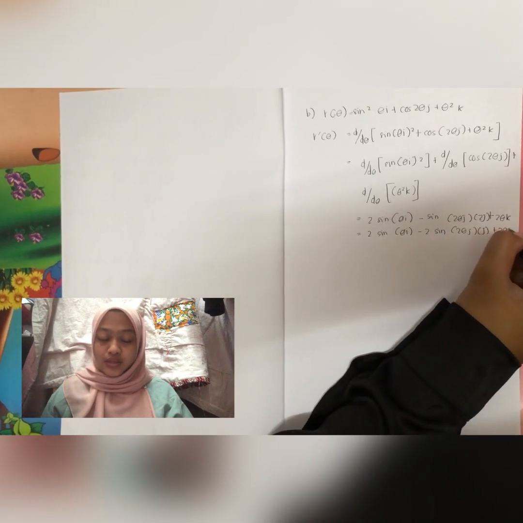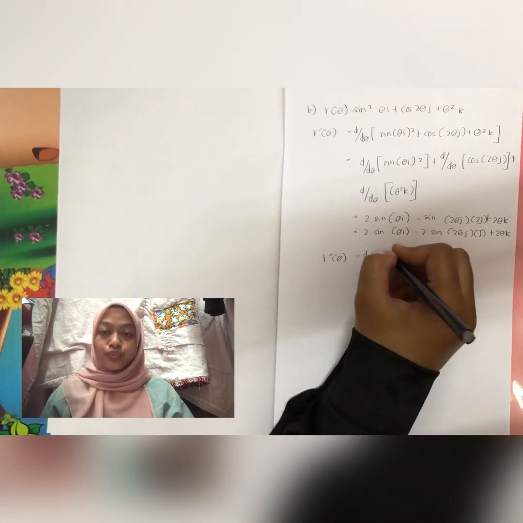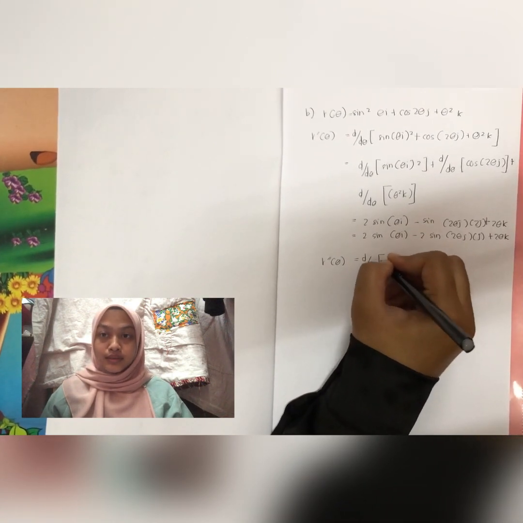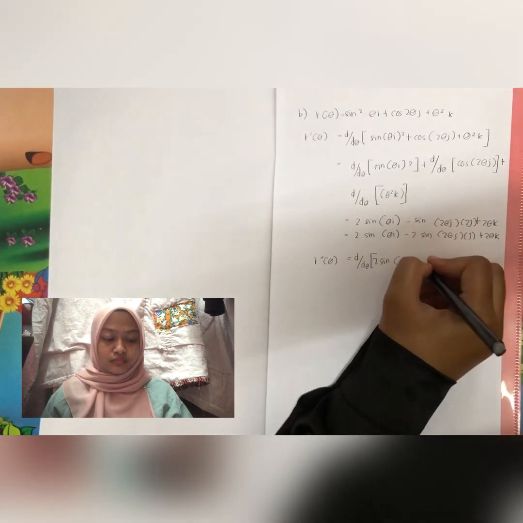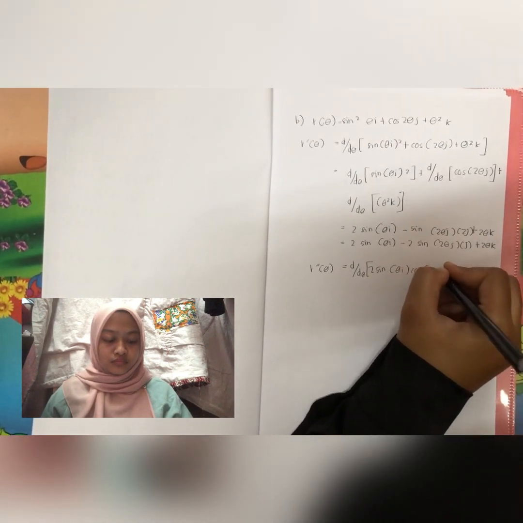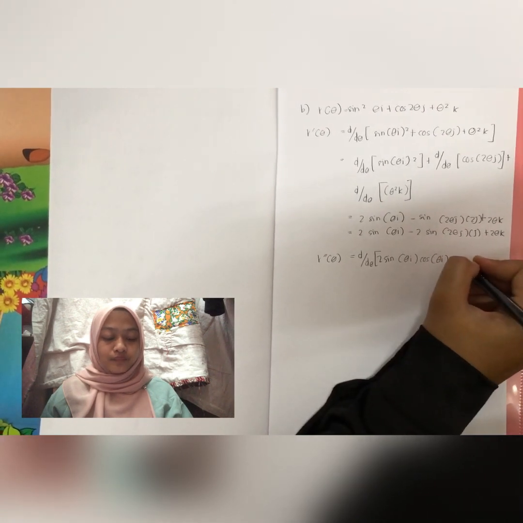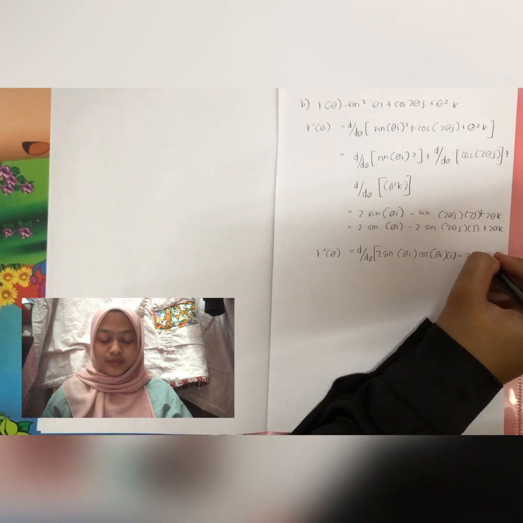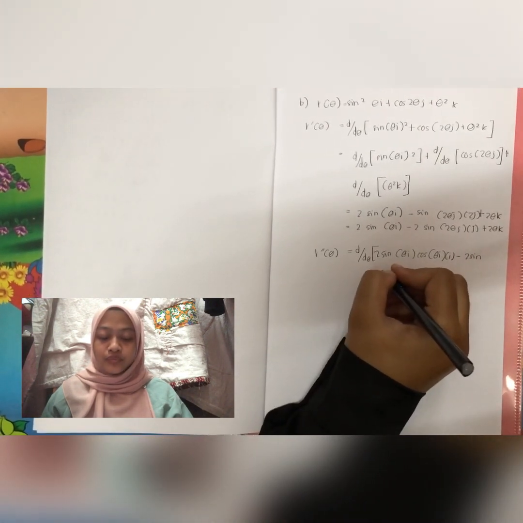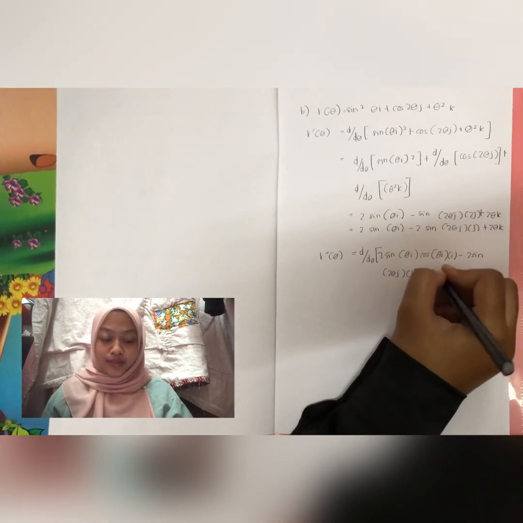Then find the derivative, r double prime theta, equals d over d theta of (2 sine theta cos theta i minus 2 sine 2 theta j plus 2 theta k).